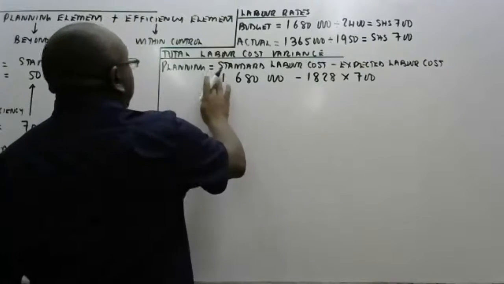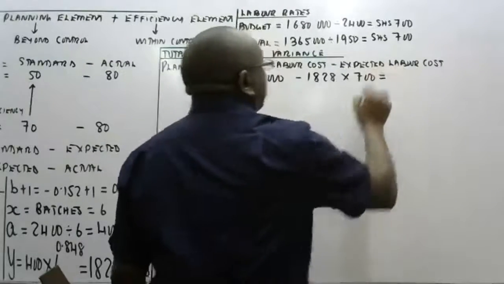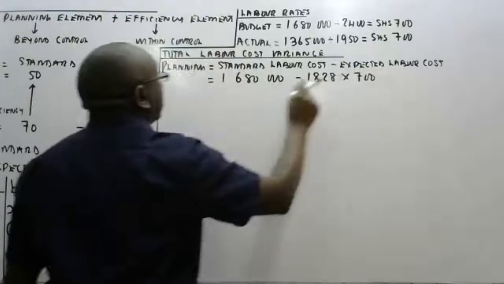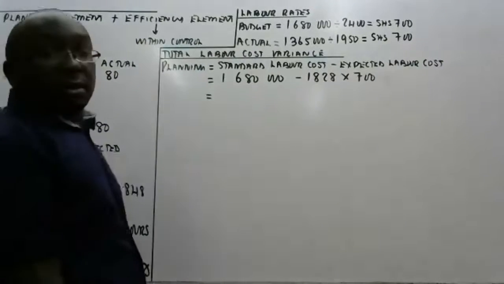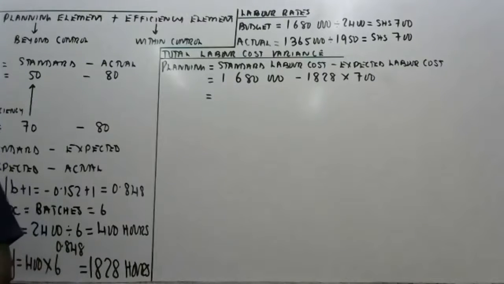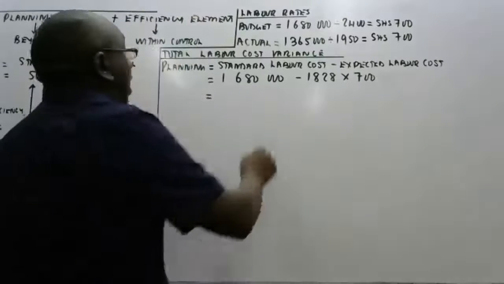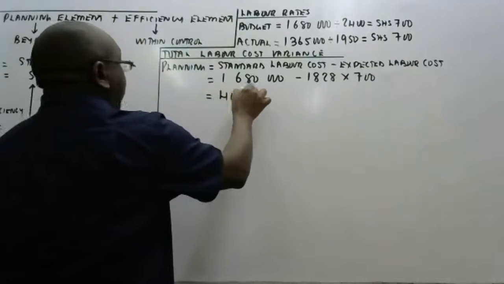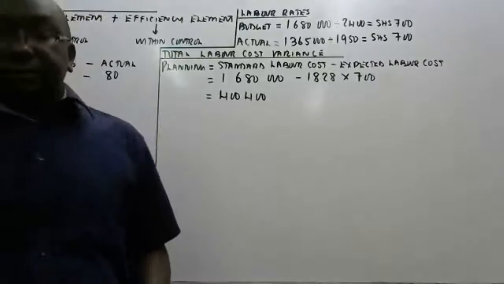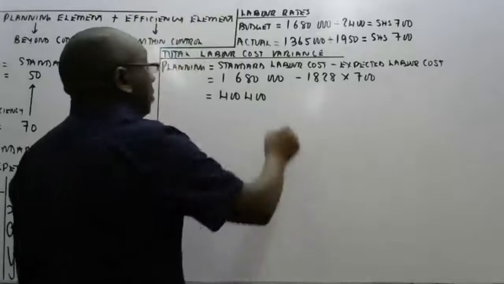So give me that variance. 400,400. Is it favorable or adverse? Yeah, good. It's favorable because it is positive.